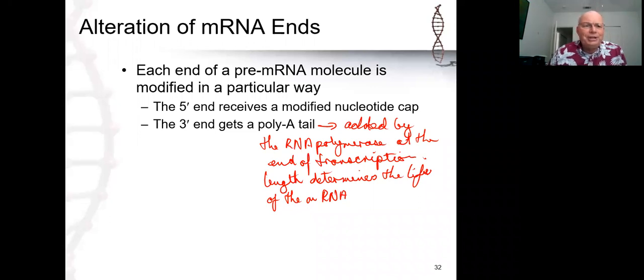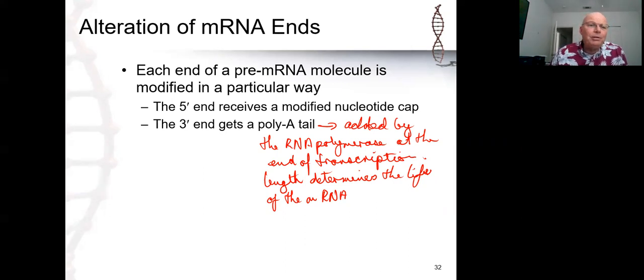stands for untranslated region. So it's a section of the final messenger RNA that specifically does not get translated, but it's there. And there are a sequence of nucleotides in that region that indicate to the RNA polymerase how many A's to add to the 3' end of the messenger RNA to create the poly A tail.